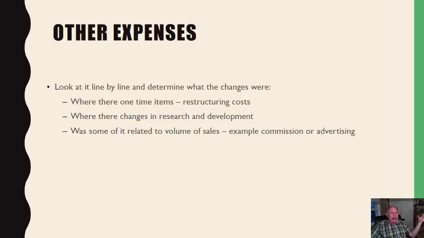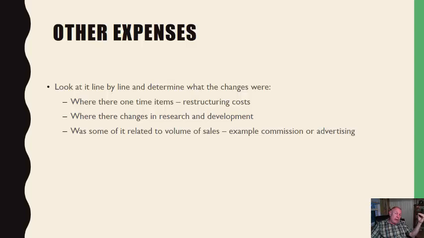What you want to do is look at it line by line and determine what the changes were. Were they one-time items such as restructuring costs? Were there changes in R&D? Why were there changes in research? Was some of it related to volume of sales, commission, or advertising?